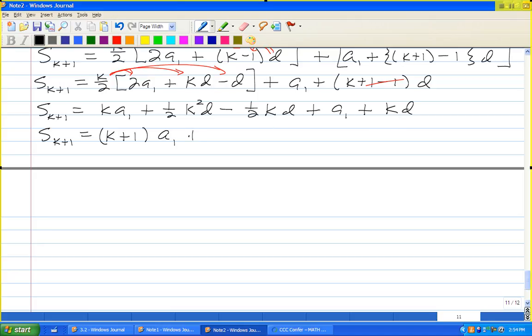So I have plus 1 half k squared d minus 1 half kd plus kd, and the 1 half kd's give me a plus 1 half kd.